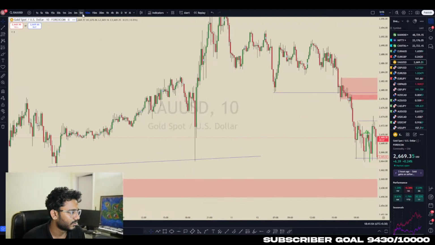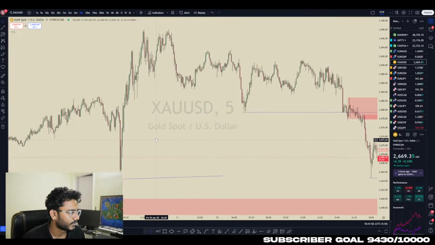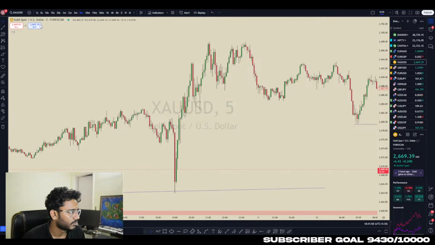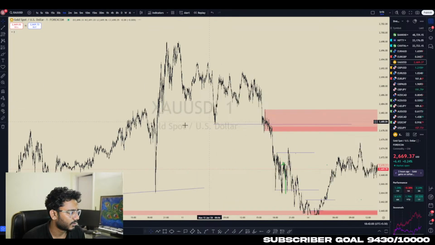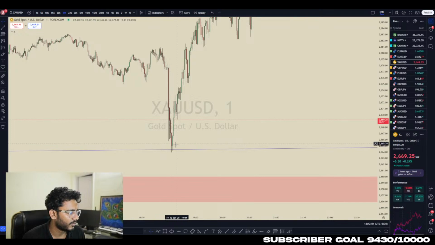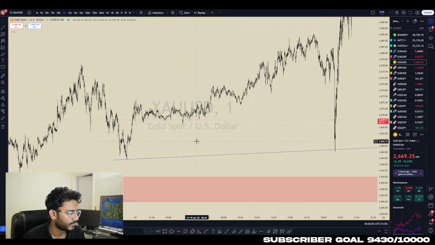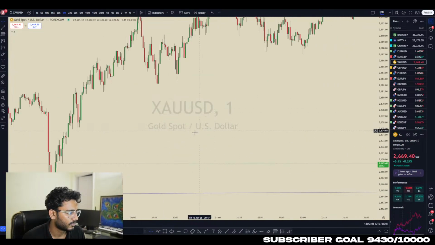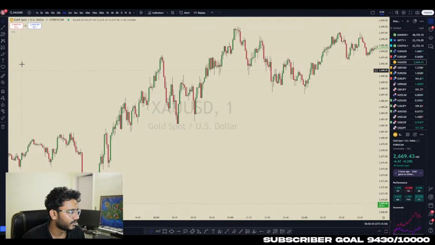So here on 1 minute I can show you. Even if you miss this move, we want to see a liquidity swept by this high and this structure, or this order block.